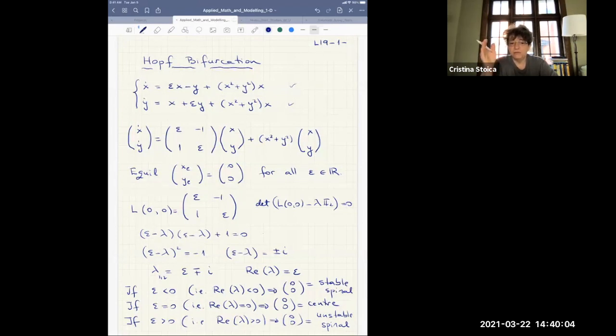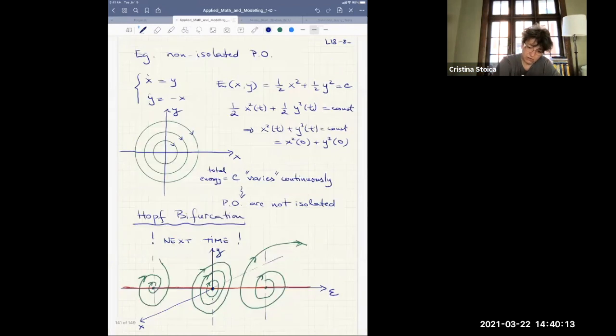Up to epsilon equals 0 it is a stable spiral, and from epsilon equals 0 on, positive, it is an unstable spiral. So let's look at this picture now. We have 0, 0 as an equilibrium for all epsilons. That's what the red line is. And then up to epsilon equals 0, which is here.